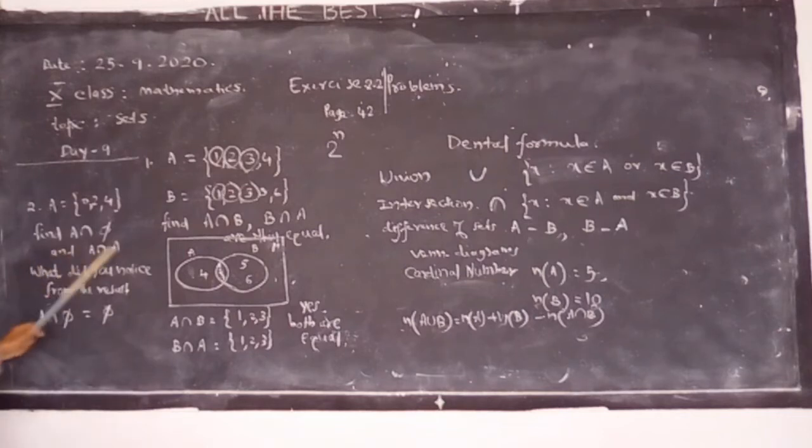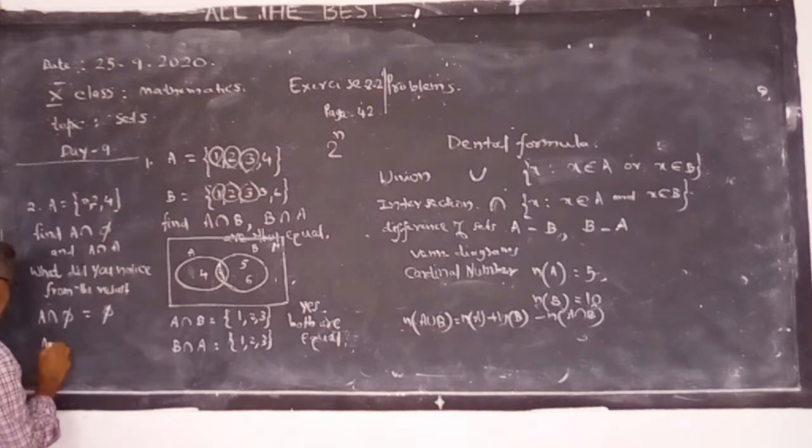And A intersection A, both have the same elements. In set A, 0 to 4, and again set A, 0 to 4. So A intersection A is also equal to A. In the intersection with the null set, we are getting the null set.